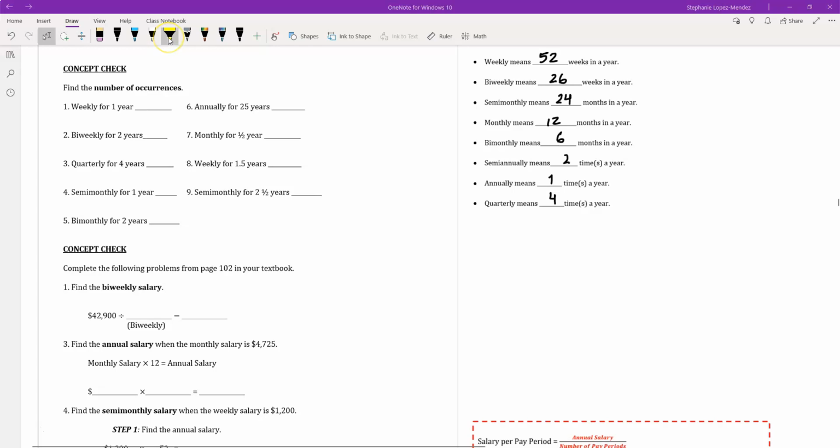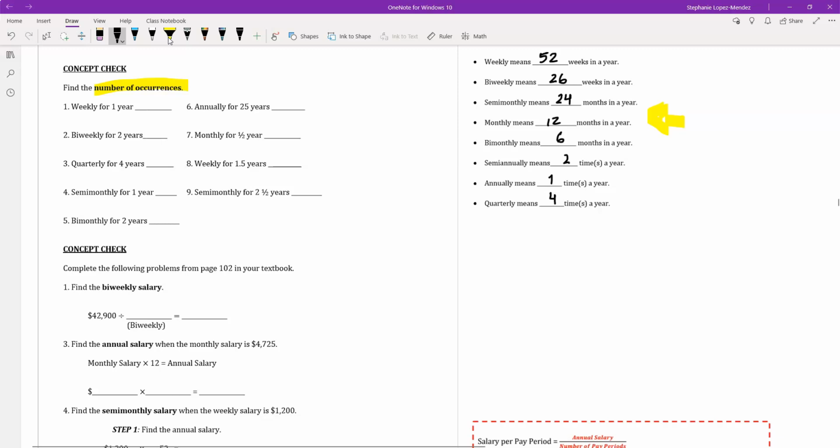So we now go to our concept check, and we need to find the number of occurrences. That means that we need to be multiplying what I have here on my right. This is the table of results that we did on the previous problem, right?